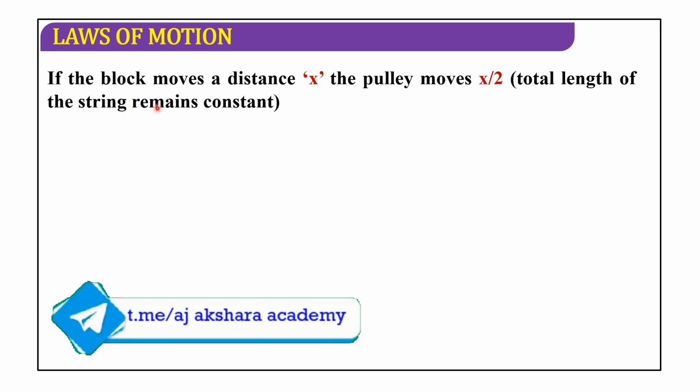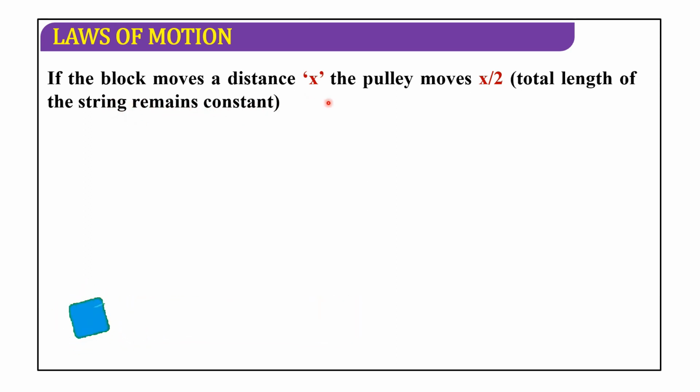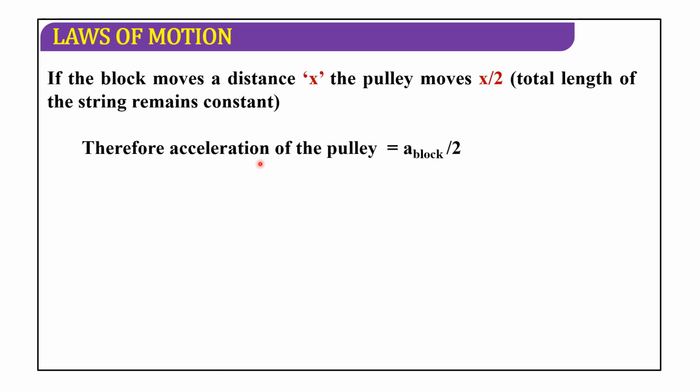Therefore, the acceleration of the pulley is the acceleration of the block by 2, that is a by 2. So that is equal to T by 2m, that is equal to F by 2 by 2m. This can be written as F by 4m.